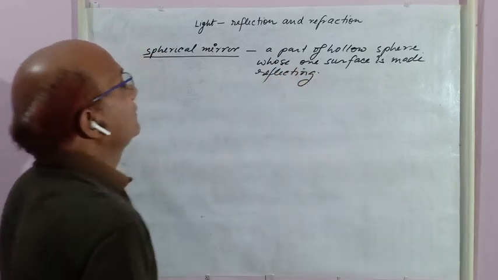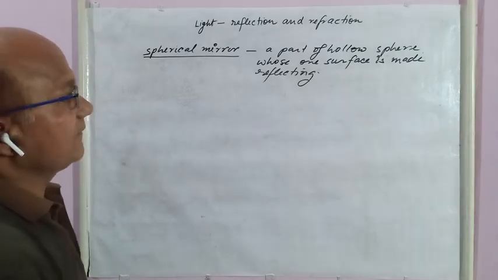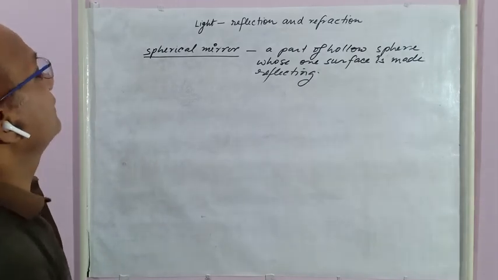The spherical mirror is a part of hollow sphere whose one surface is made reflecting.